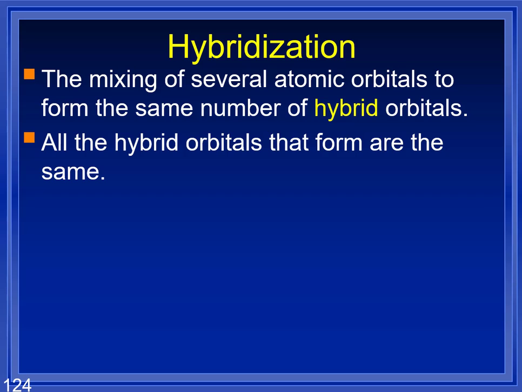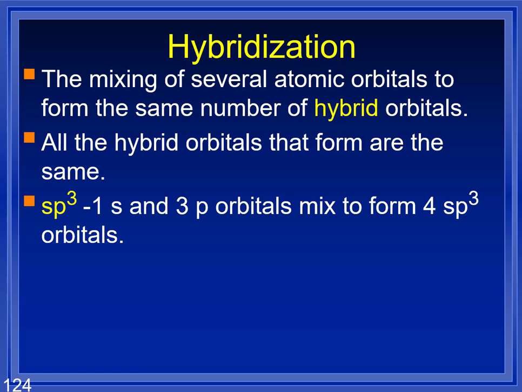The name of the hybrid orbitals is the recipe for the hybrid orbital. The name is the recipe. So the first kind of hybrid orbital is called an sp3. It's called sp3 because you're putting together one s and all 3 p orbitals.